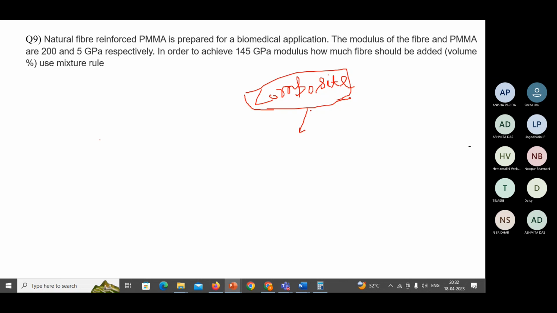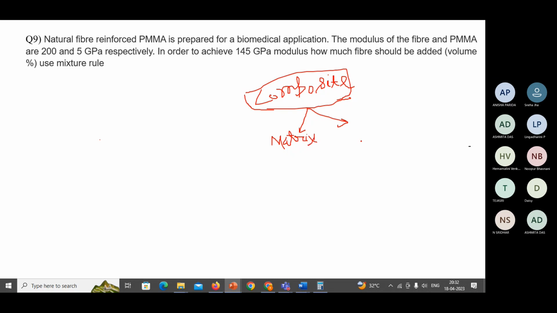Yes. The first one is the matrix, which is present in the larger amount, majorly, but it's not necessary.